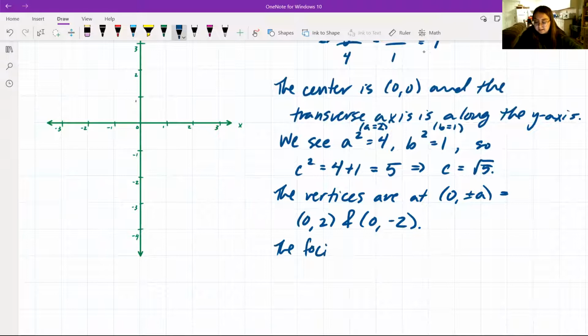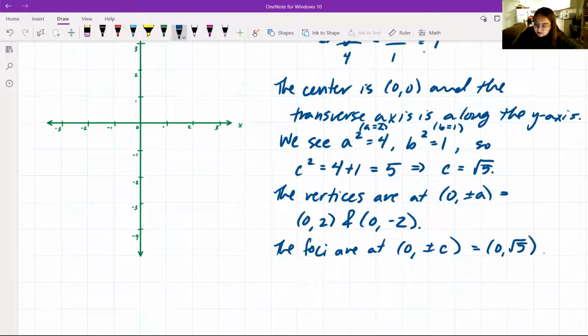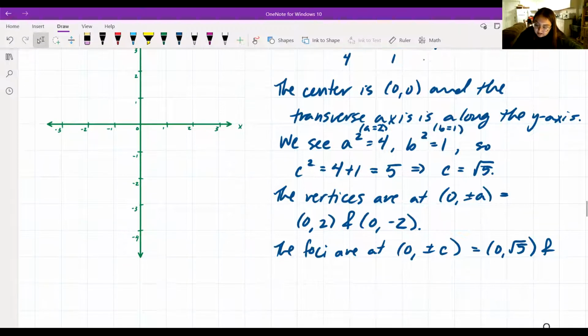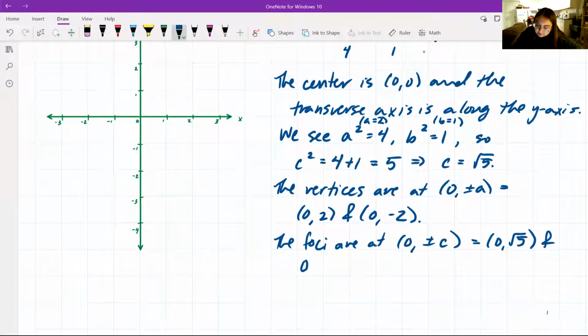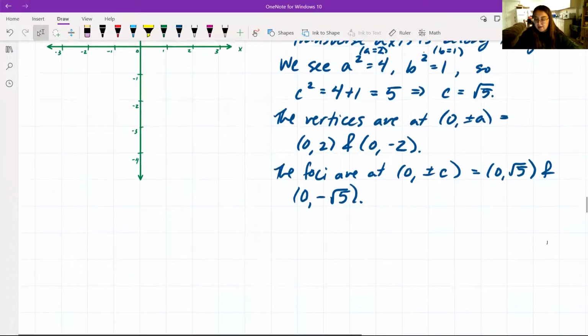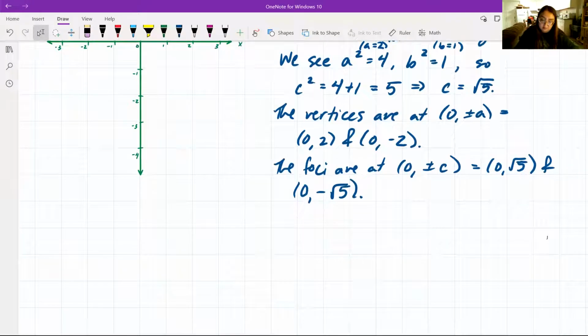Then the foci are at 0, positive, negative c, which our values of c are going to be the square root of 5. So we see 0, comma, square root of 5, and 0, comma, negative square root of 5. So we found our vertices and our foci, and now it's time to solve for the asymptotes.